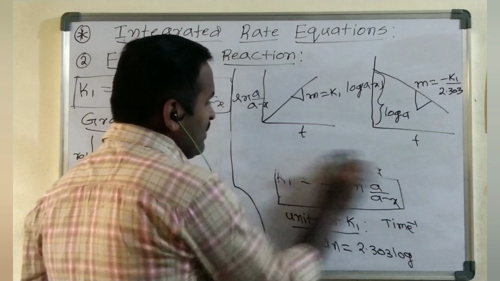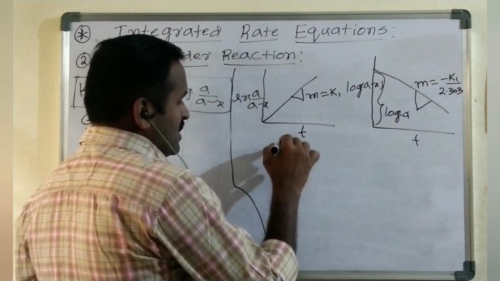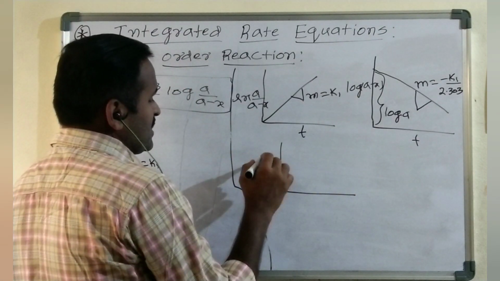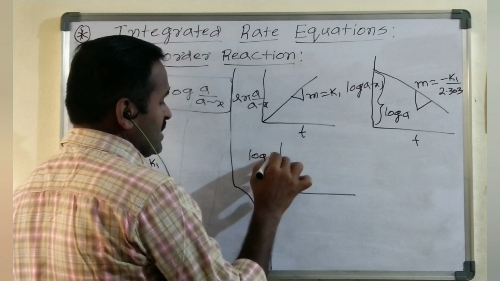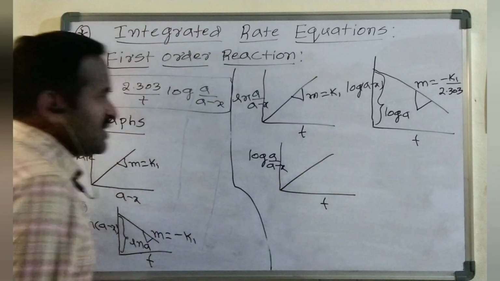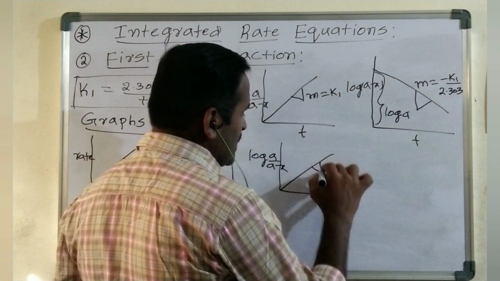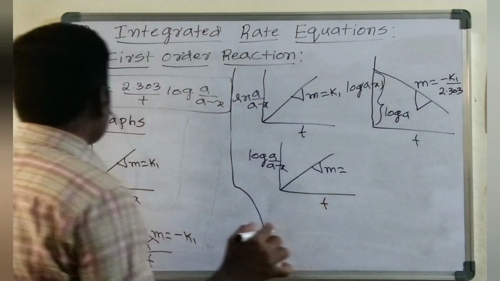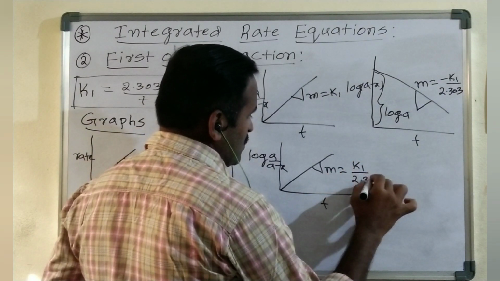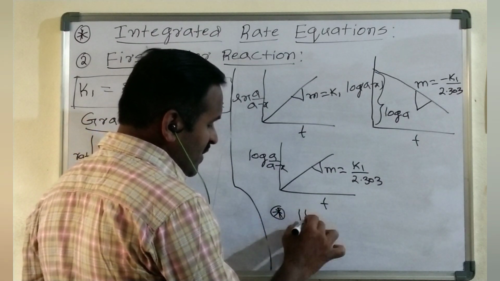If you take a graph between log of a/(a - x) versus time, with log a/(a - x) on the y axis and time on the x axis, you will get a straight line passing through the origin, and the slope m is equal to K1 by 2.303.